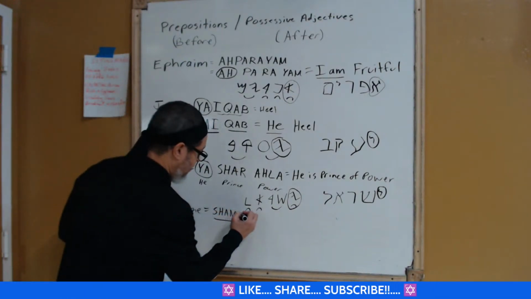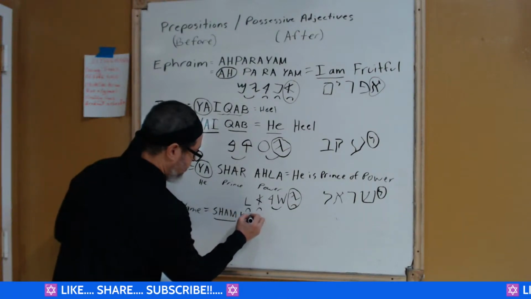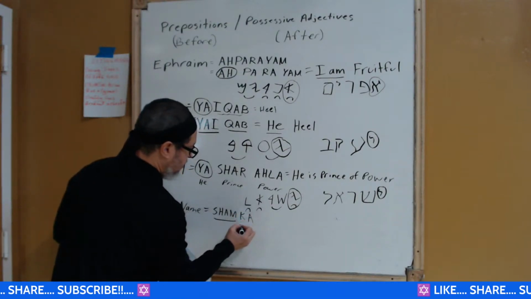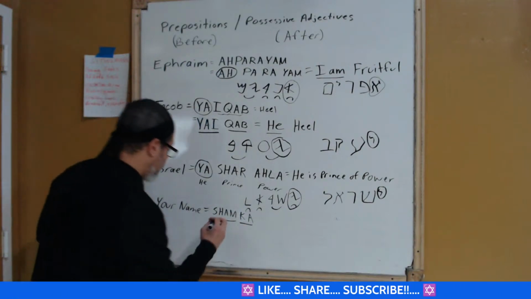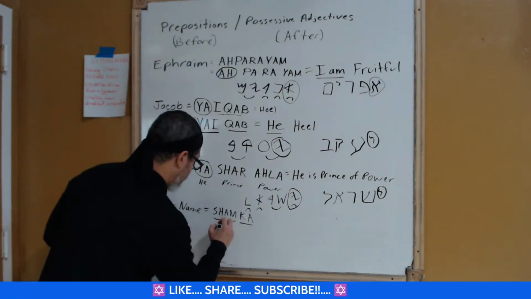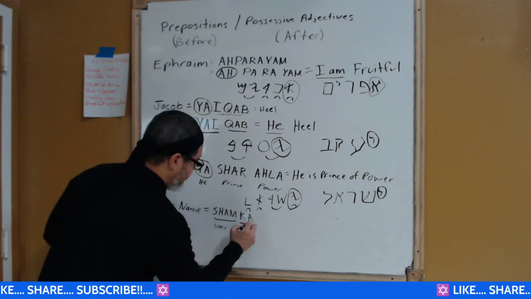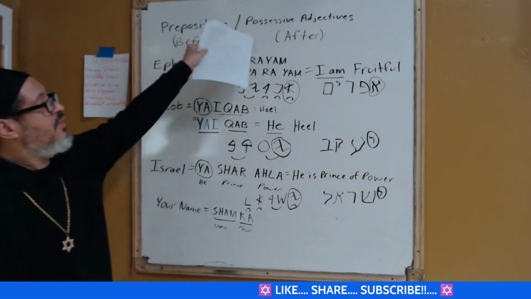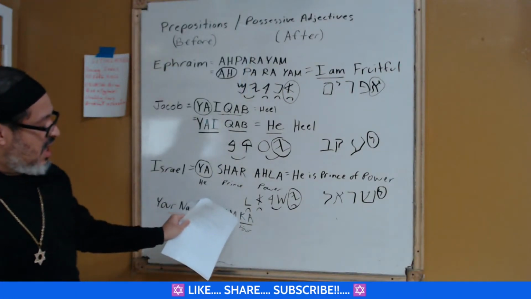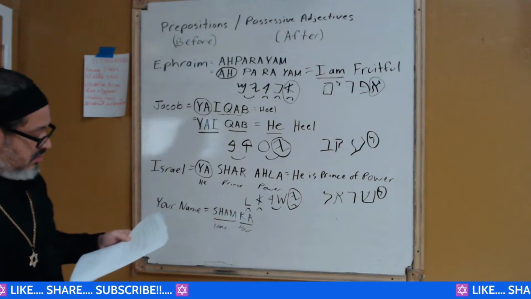Because it appears at the end of a word, the ka, that's your. So we got name and your. So this right here is an example of an adjective because the ka at the end of the word is your.